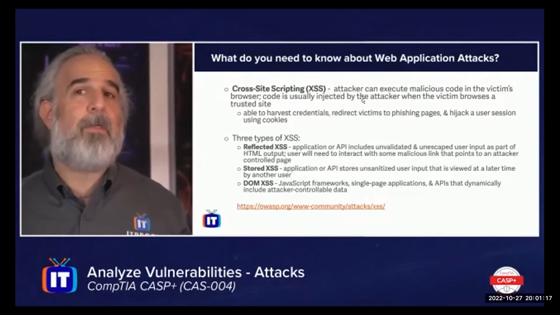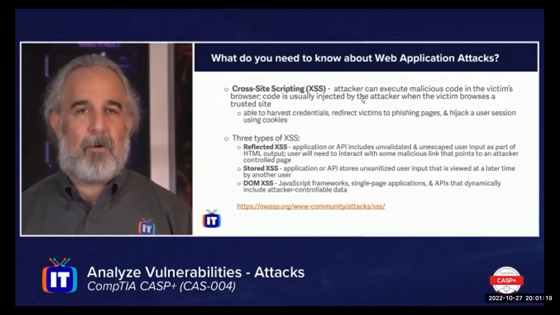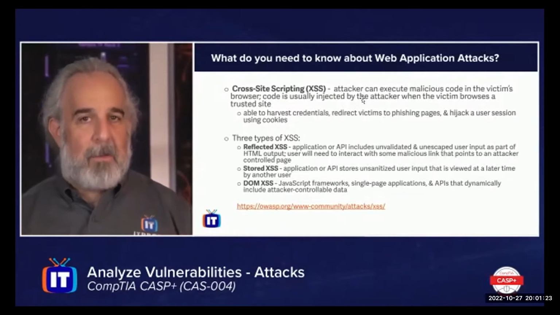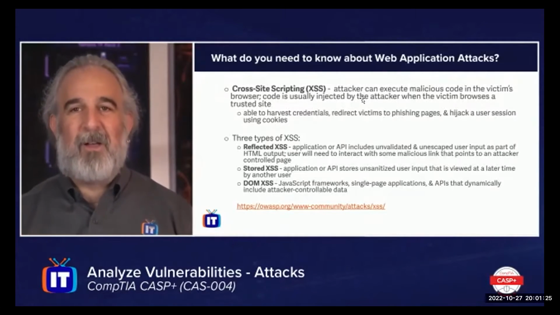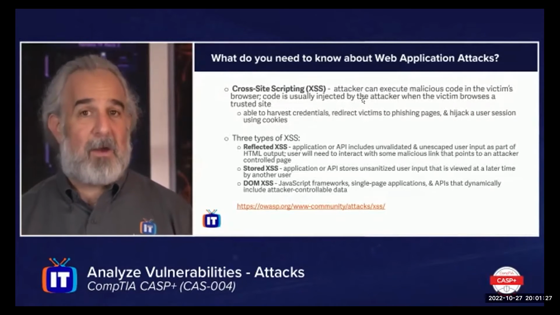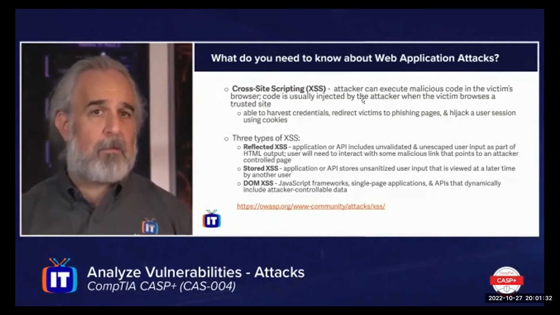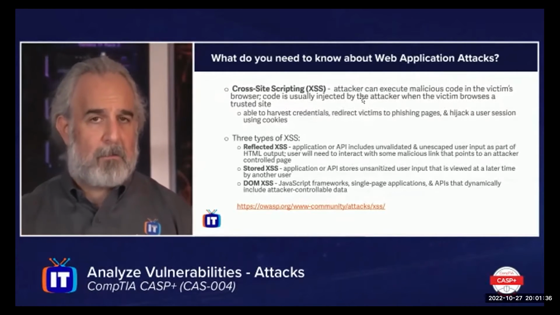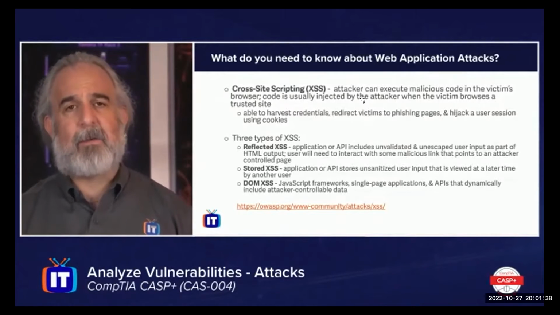What could be wrong with that? When we accept that input as part of the coming and going, the transmission of data, well, that's going to be an issue because the user will obviously have the potential to be interacting with malicious content. And that, of course, can point them to an attacker-controlled area where the system can be compromised. So this is what we would think of as reflected XSS.